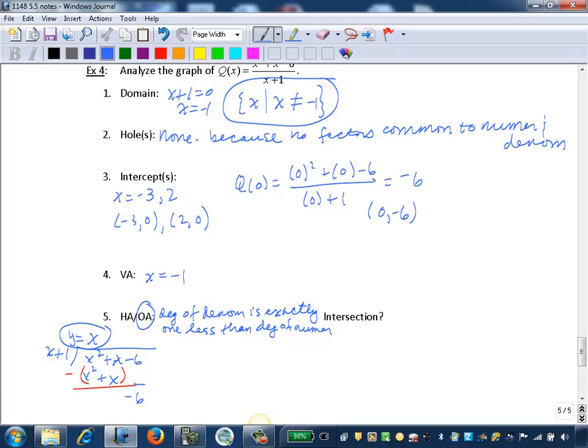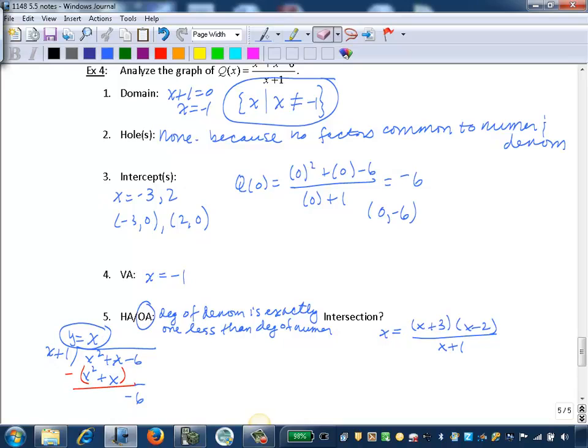Okay, now we want to check if our function will intersect that oblique asymptote. So I'm going to set my function equal to x. I'll say x equals, and I'll use the factored form, x plus 3 times x minus 2 over x plus 1. Because if this graph crosses the line y equals x, that means its y value will equal x at some point.